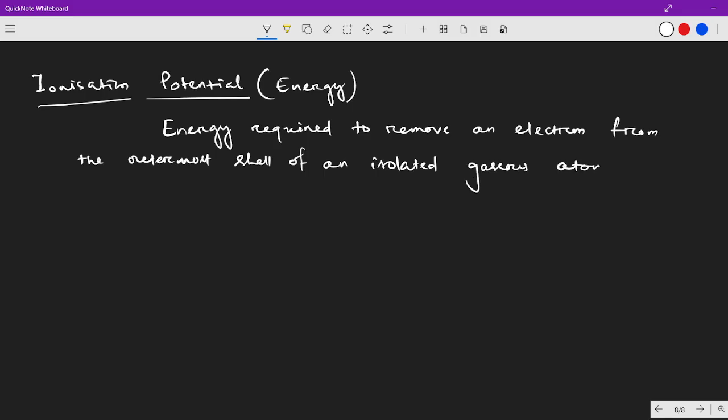Okay, from an isolated gaseous atom. Don't consider the isolated gaseous atom too much; it means only gaseous atoms. So these can be metals, non-metals, everything. In terms of ionization, they are called isolated gaseous atoms. So we are not going to discuss much about that.